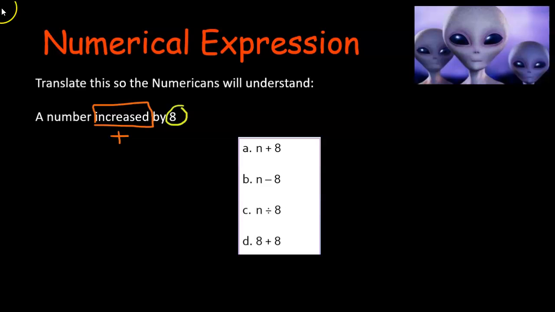And then this says a number. A number. We don't know what that is, so we can use n, because it's a variable. It's any number. So n plus 8. So which one would this be? It would be A, n plus 8. So we can just go from left to right. N plus 8. See how easy that is?